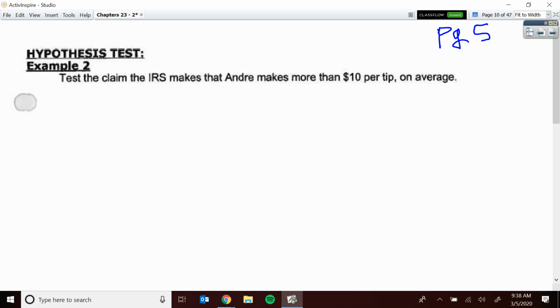We want to test the claim that the IRS makes that Andre makes more than $10 per tip on average. So they think he makes more than $10 per tip on average.